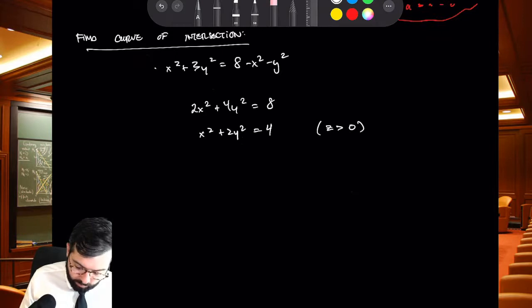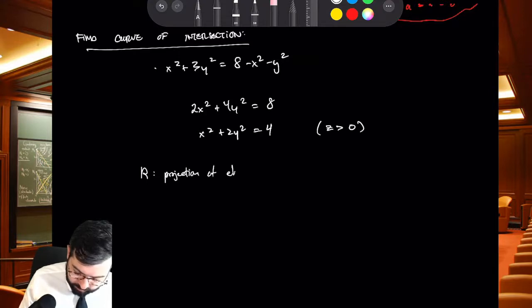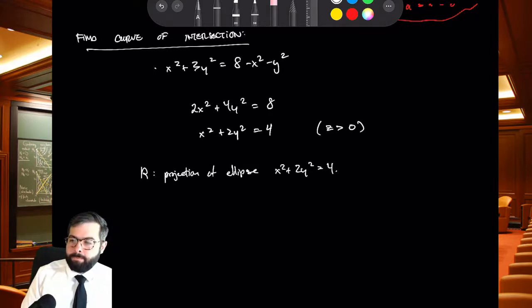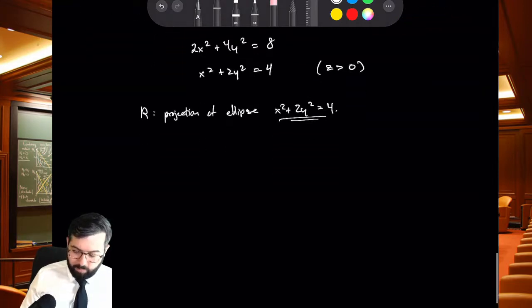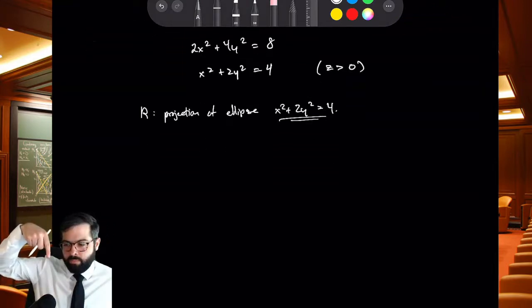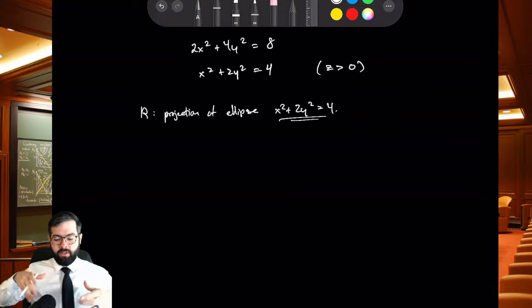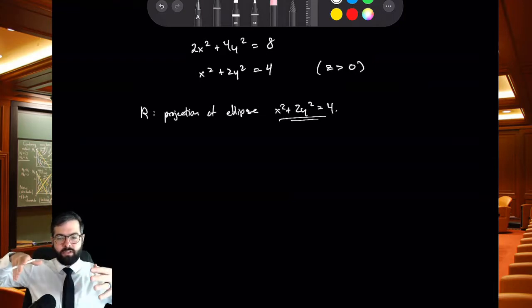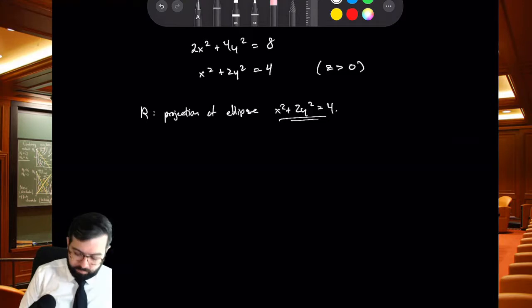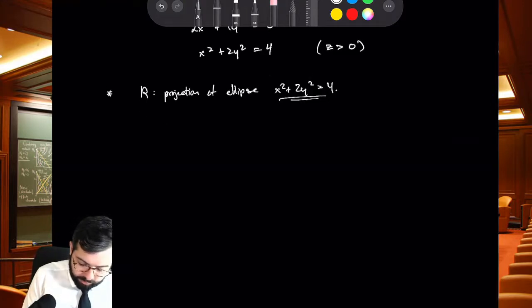And so what we get is a projection of this ellipse, x squared plus 2y squared equals 4. We're going to use that in a little bit. When we look downward, parallel to the z-axis, this is what we'll see as the projection of where these two curves intersect. They intersect in this ellipse. All right, so we'll store that for later.